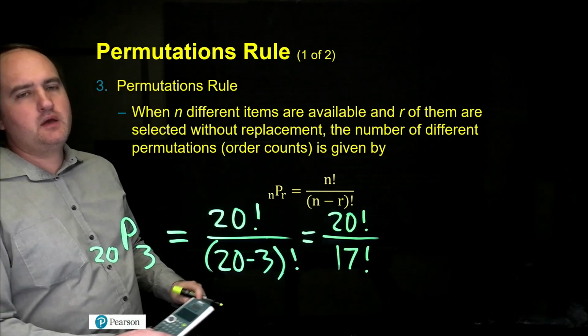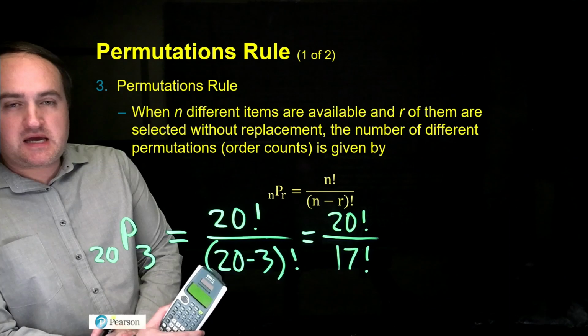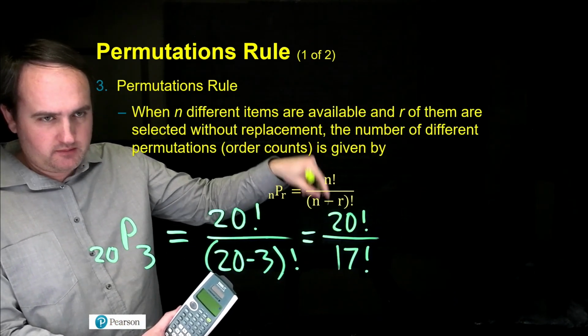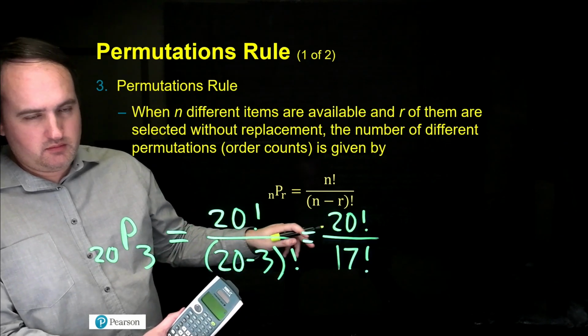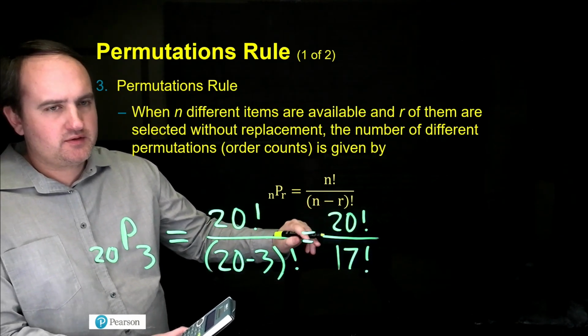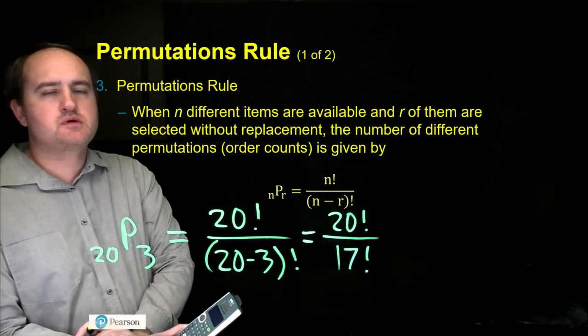Okay. And then if you're typing this in your calculator and your calculator has the factorial button, you could literally just type in 20, the exclamation mark, divide by 17, exclamation mark, and press enter.